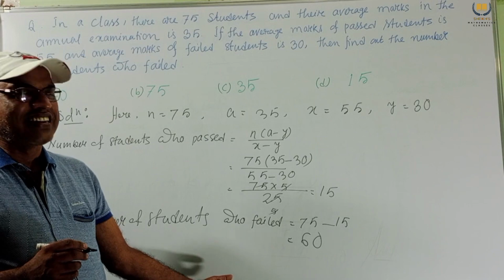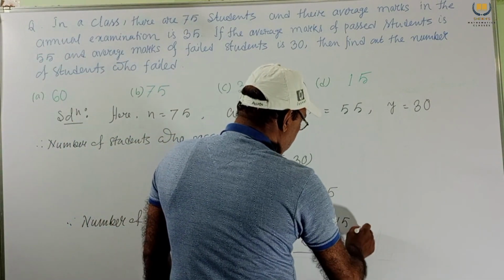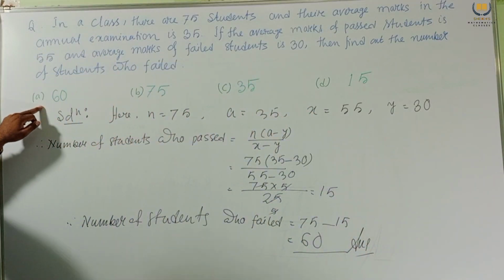So the answer is 60. The number of students who failed is 60. This is our final answer. So option A is the correct option.